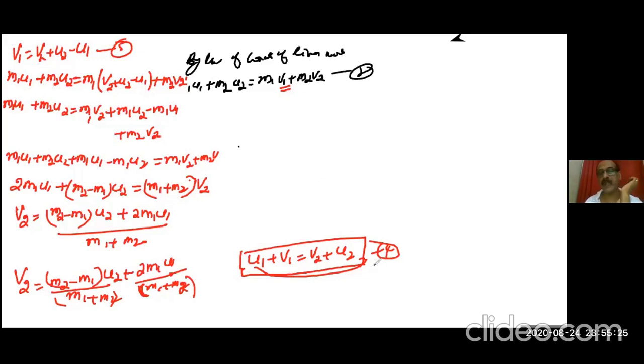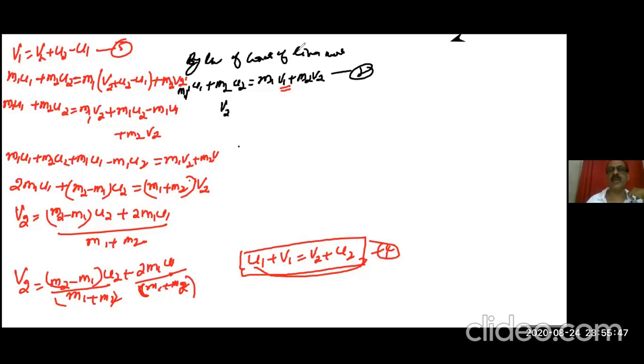Now again from equation 4. Again from equation 4, there is M1 here. Here we got V1. Now we have to get V2.